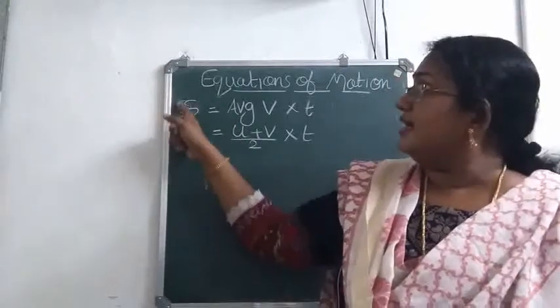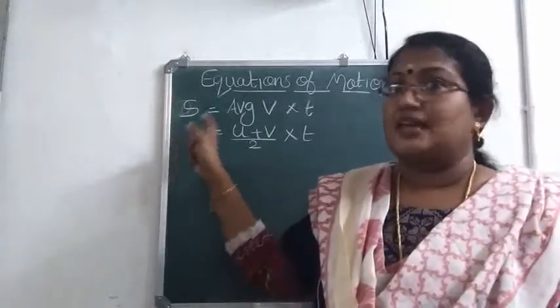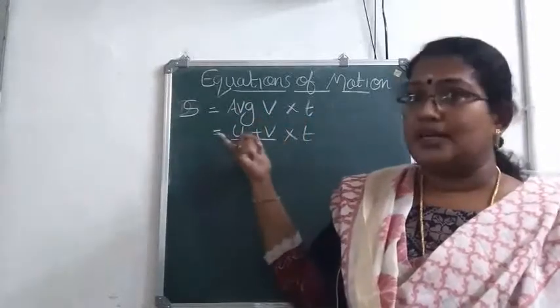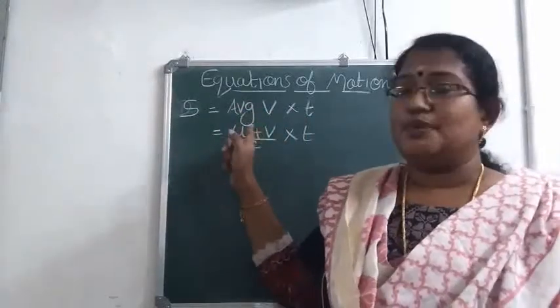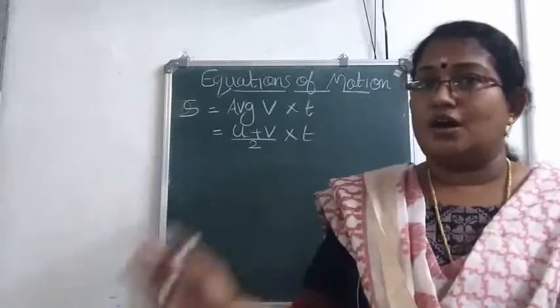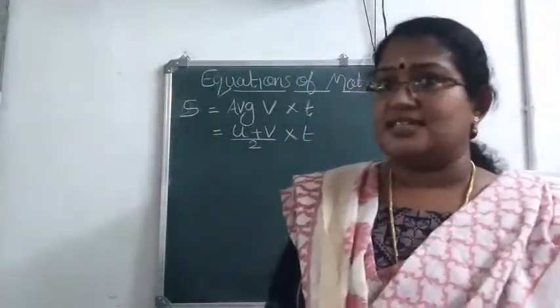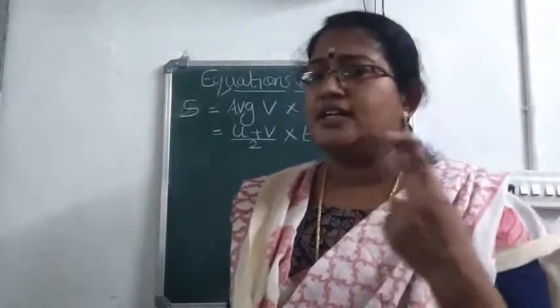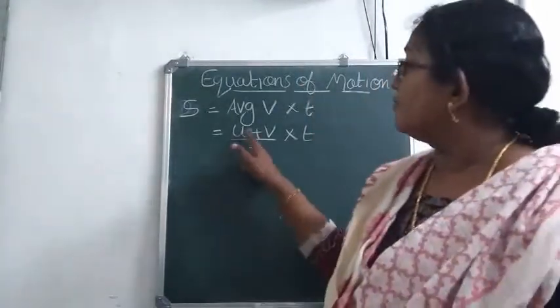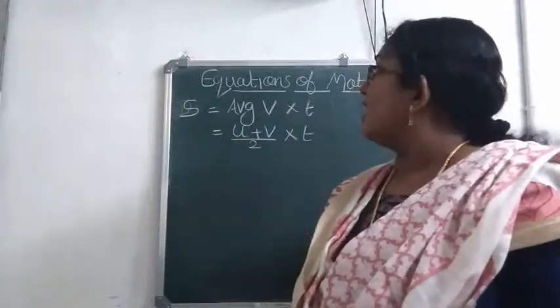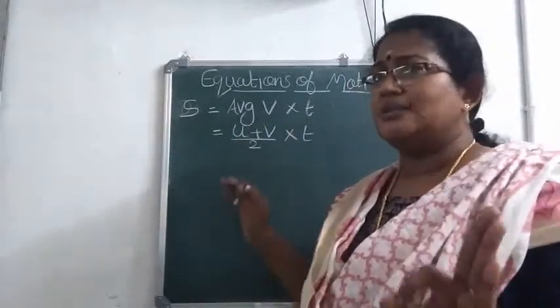So I have written it in terms of displacement. Total displacement is equal to average velocity into total time. Now, average means it is always all the quantities divided by the total number of quantities. Here we are having just two quantities, u and v. So I have written u plus v divided by 2. That will give you average velocity. Total time taken is t itself, isn't it?